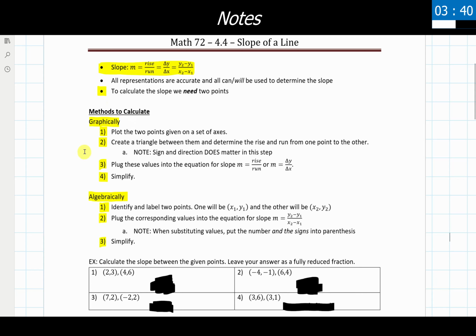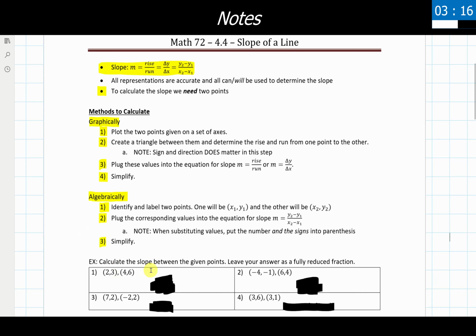So this is our process that we will use if we're finding these things graphically. And then we also have our algebraic method that we're going to be using as well. This is one that we would use if we are just given 2 points, like we have with our examples down here, and we're told to find and calculate the slope between these 2 points.